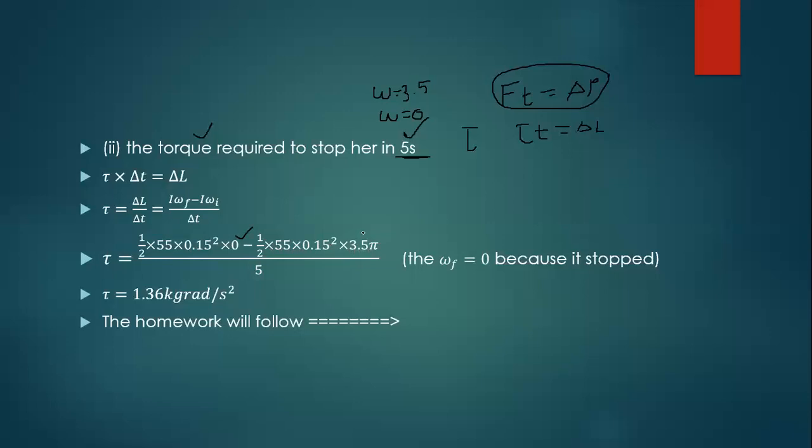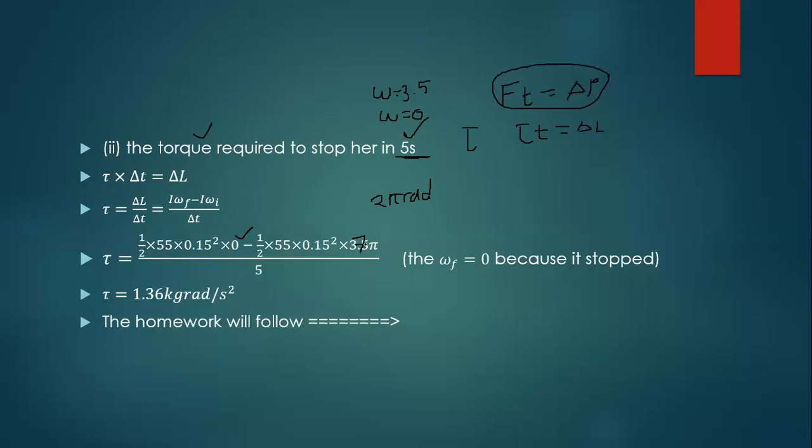Of course, since we're supposed to use 2 pi rad to convert angular velocity in revs per second to rads per second, this was supposed to be 7 pi rad.